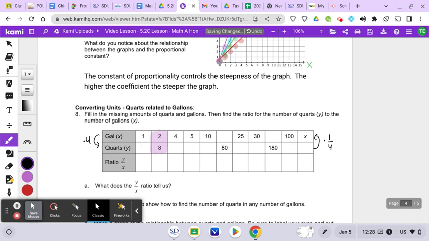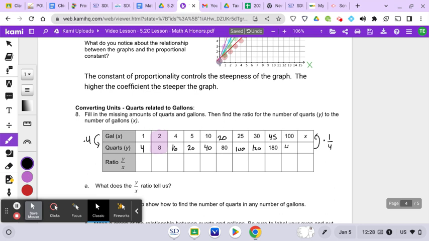So 1 times 4 is 4, and 4 times 4 is 16, and so on. I'm plugging in. Here I have to go backwards. 80 divided by 4, or 80 times 1/4 is 20. 180 divided by 4 is 45.